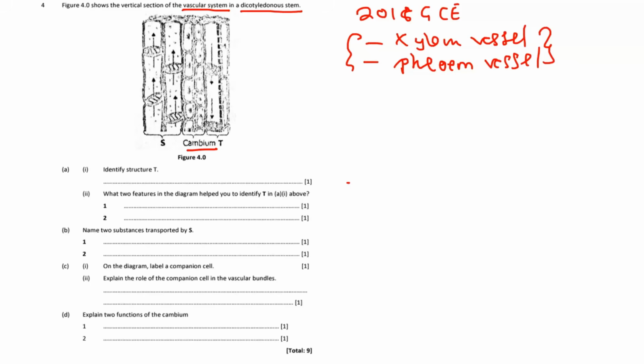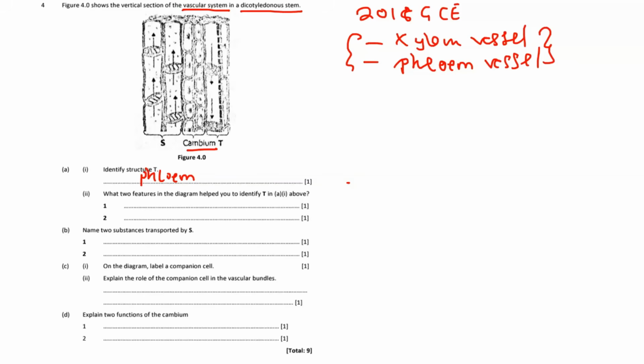But there's one here and the other one here. Now in this S, the arrows are pointing up, which means the substances are going in one direction, up. And here they are going down. In the xylem, you never find things moving downward. And therefore, we can identify T as the what? The phloem. Okay? Identify structure T. So this is the phloem.